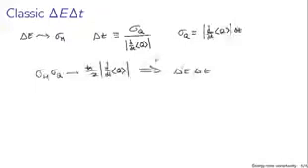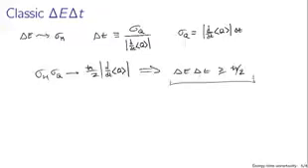And then you can cancel out this time derivative of Q, which appears on both the left-hand side and the right-hand side. And what we'll be left with is just that this is greater than or equal to h bar over 2. So there you have it. We have a derivation of the conventional energy-time uncertainty relation.